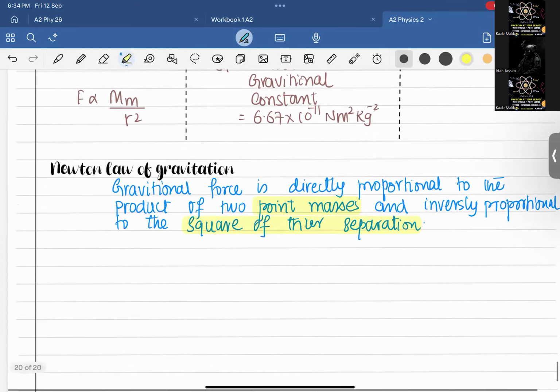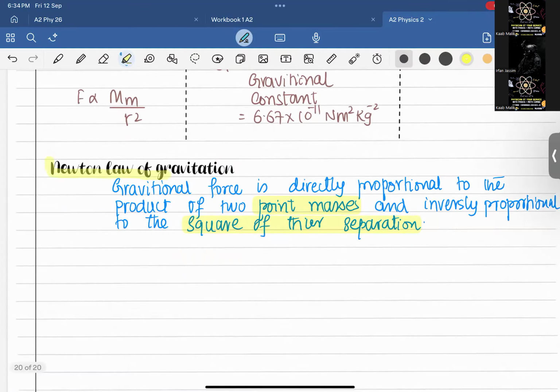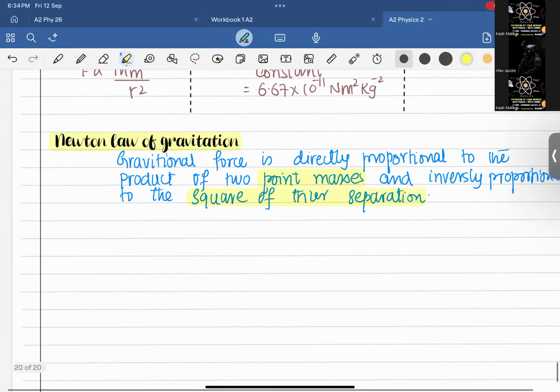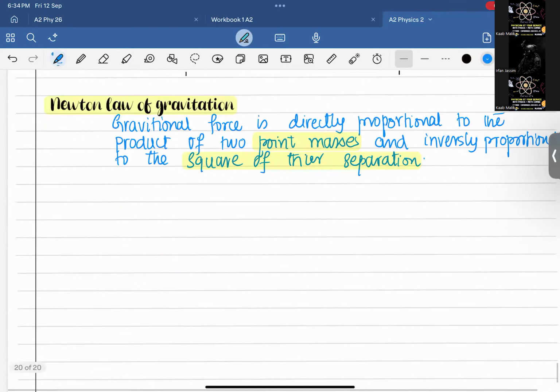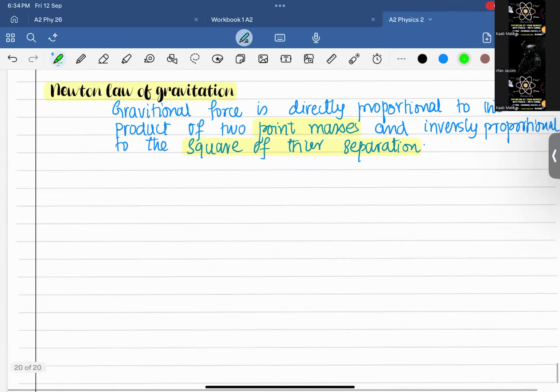Now, for this law to be useful, we make some assumptions. The first thing is that we consider the masses to be perfect spheres.